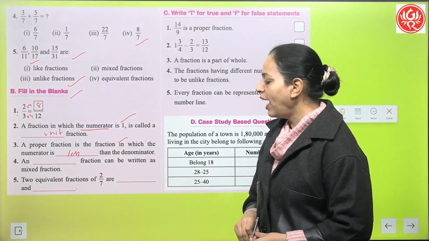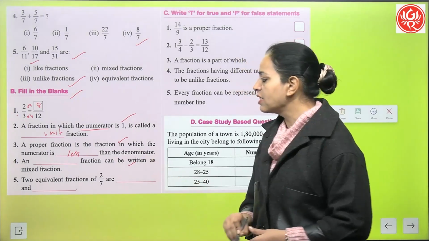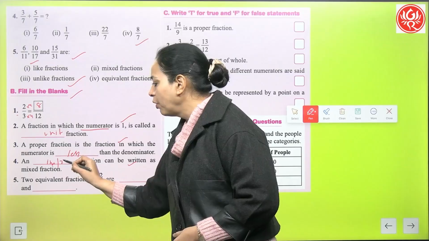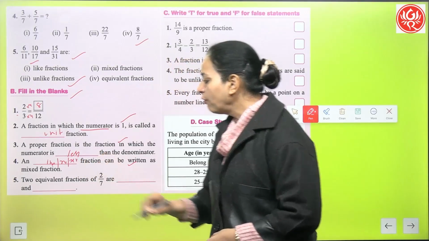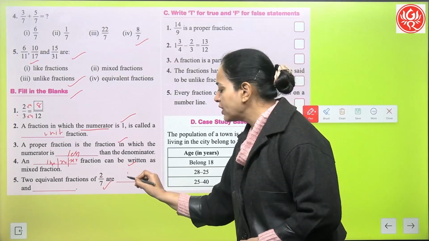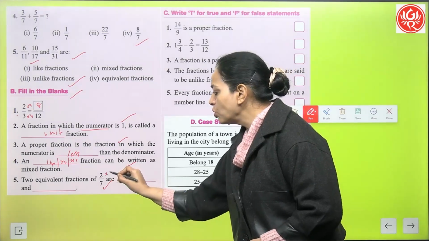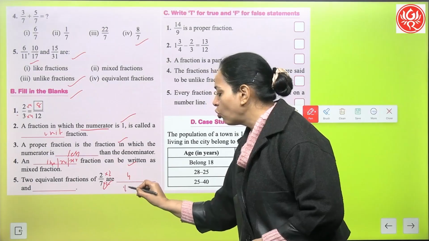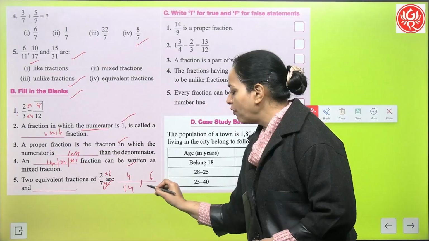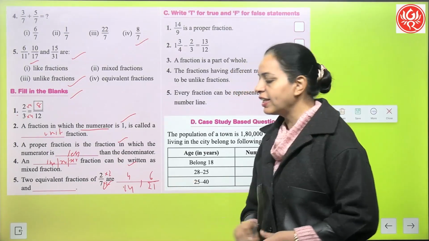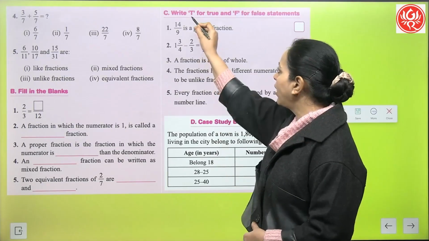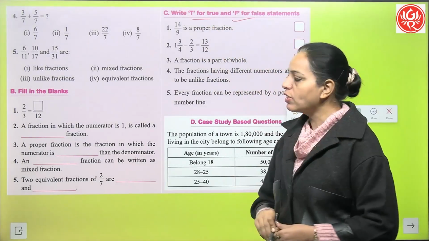And the fourth one, an dash fraction can be written as mixed fraction and improper fraction. Okay. Then the fifth one, two equivalent fractions of 2/7 are, we can find it like 2 into 2, 7 into 2, 4/14. 3 से कर दो, 2 into 3, 6, 7 into 3, 21. 6/21.